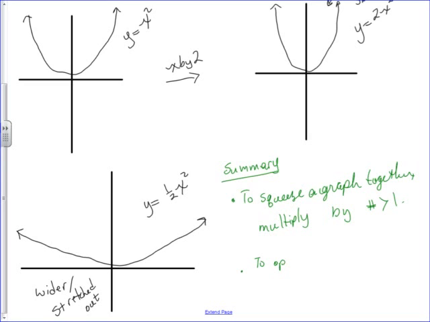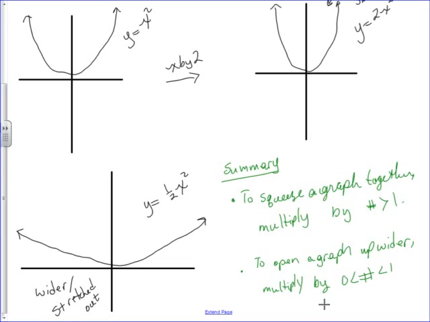To open a graph up wider, you need to multiply by a number which is greater than 0 but less than 1.